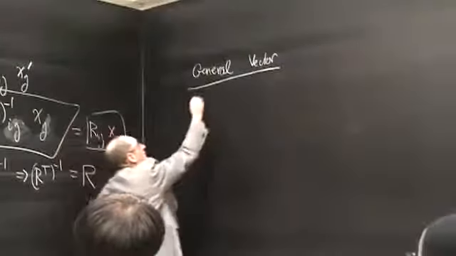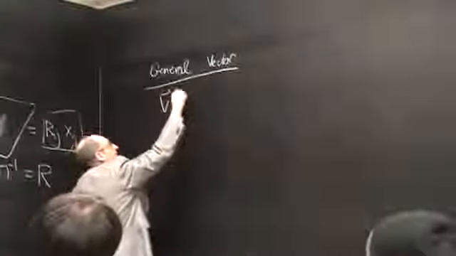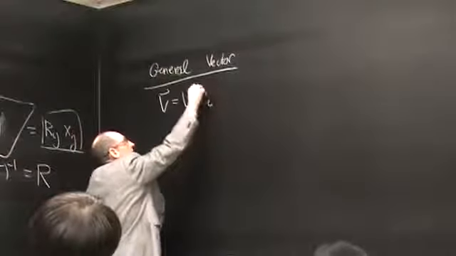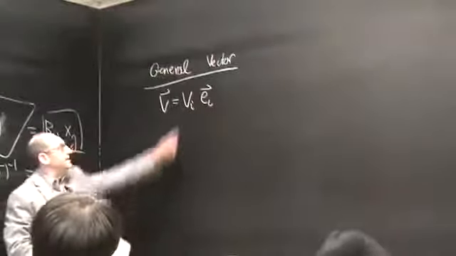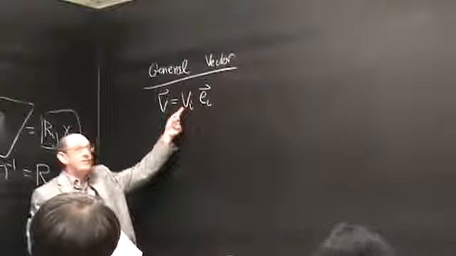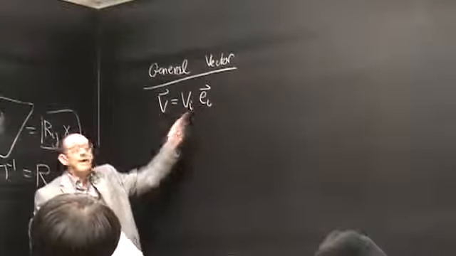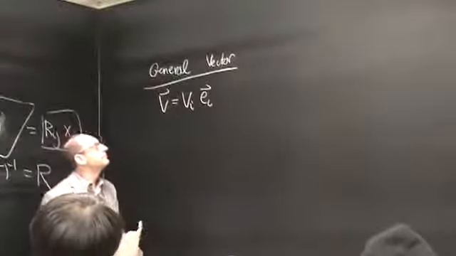So we define a general vector to be the linear combination weighted by whatever three numbers, they don't have to be position, by the same unit vectors.